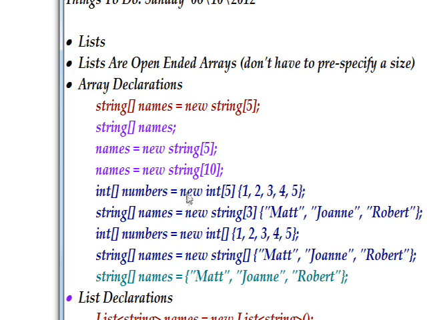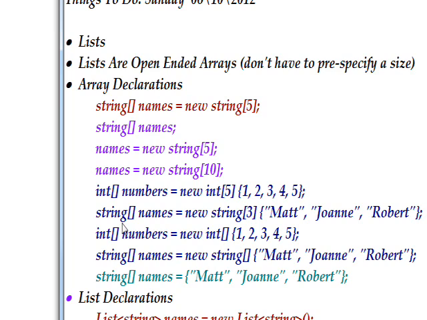Or you can use what's known as an initializer list, where you can say, for instance, int square bracket numbers equals new int 5 to create an array of 5 integers, and then have a curly brace and specify 1, 2, 3, 4, 5 to initialize entry 0 with 1, entry 1 with 2, entry 2 with 3, and so on.